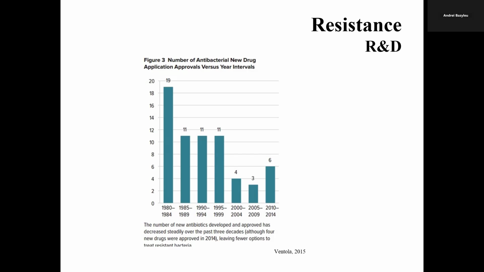Certain other antibiotics were found to be toxic to people, some more, some less so, but toxic. So as we were getting new drugs on the market, people were discontinuing certain other types of antibiotics.